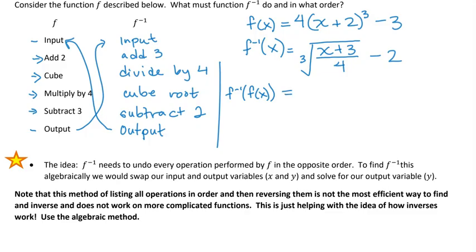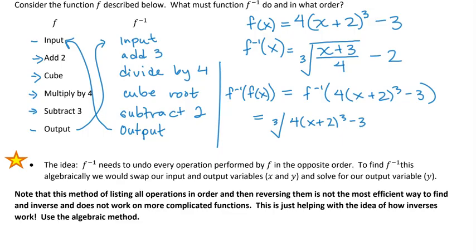So f inverse of f of x, we need to plug 4 times (x plus 2) cubed minus 3 into our inverse function. Our inverse function will take that, add 3, divide by 4, take the cube root, and subtract 2.